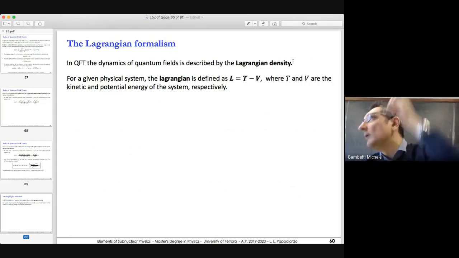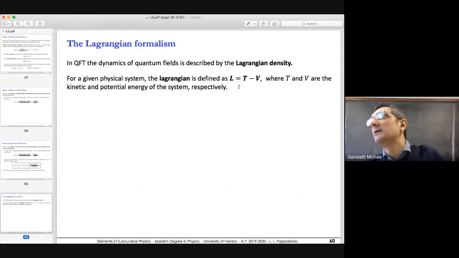Okay, so let's see now what the Lagrangian density is, but let me first remind you of the classical Lagrangian formalism that you know very well. So for a given physical system, let's say a classical system, the Lagrangian is defined as the kinetic energy minus the potential energy in general.